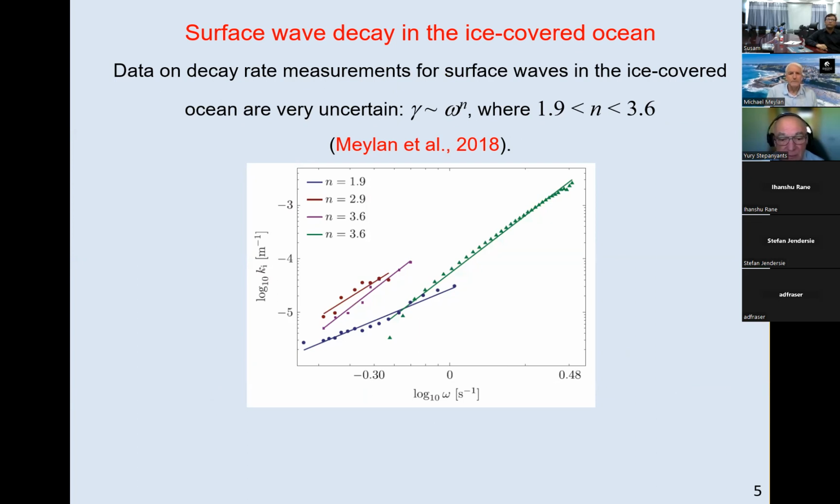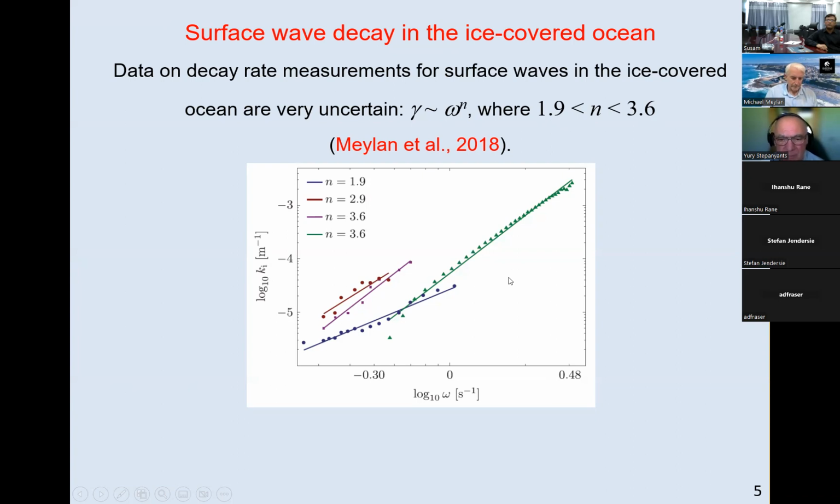And as you can see here, the observational data show that the decay rate can be fairly different, where the power omega to n, n can vary from 1.9 to 3.6.